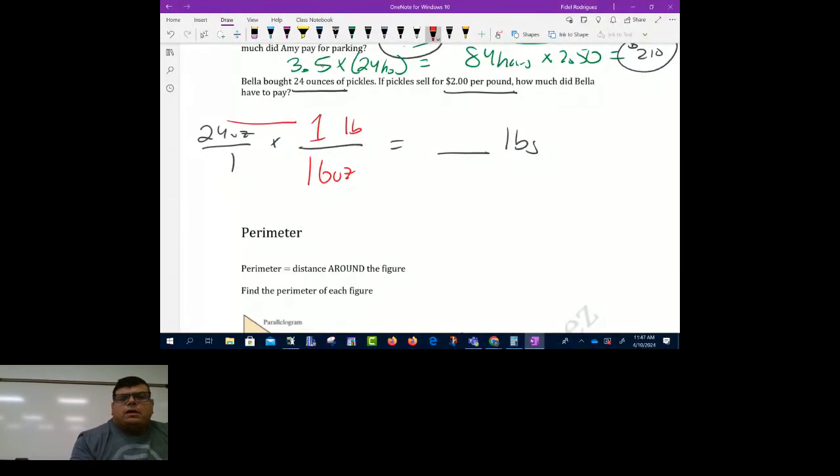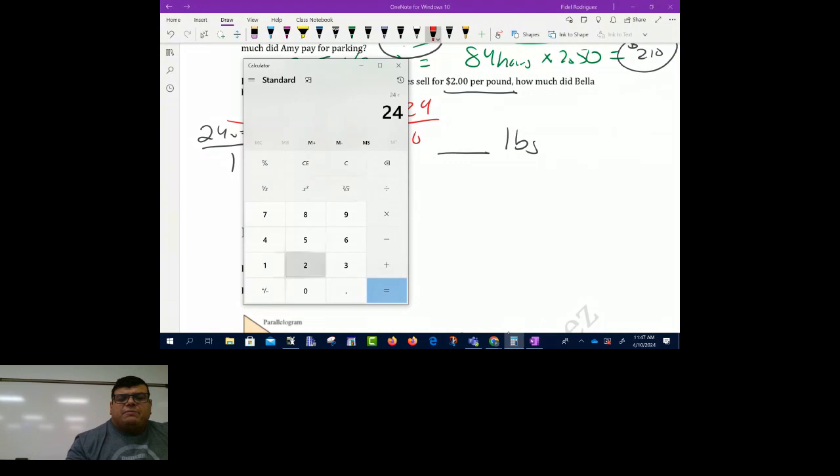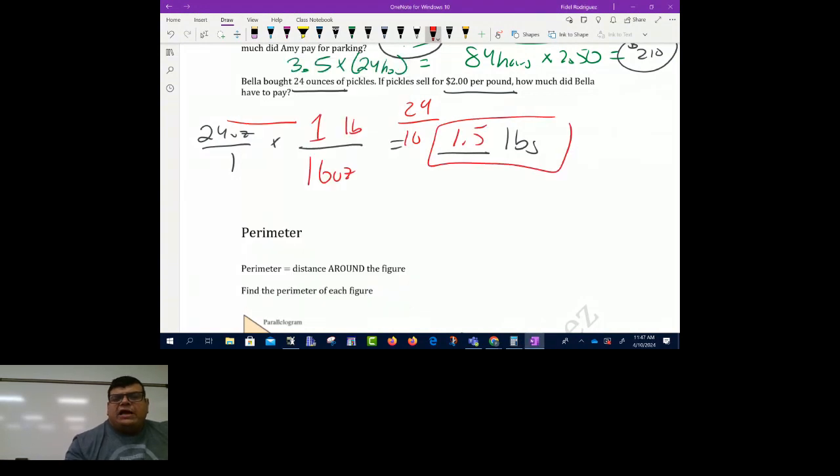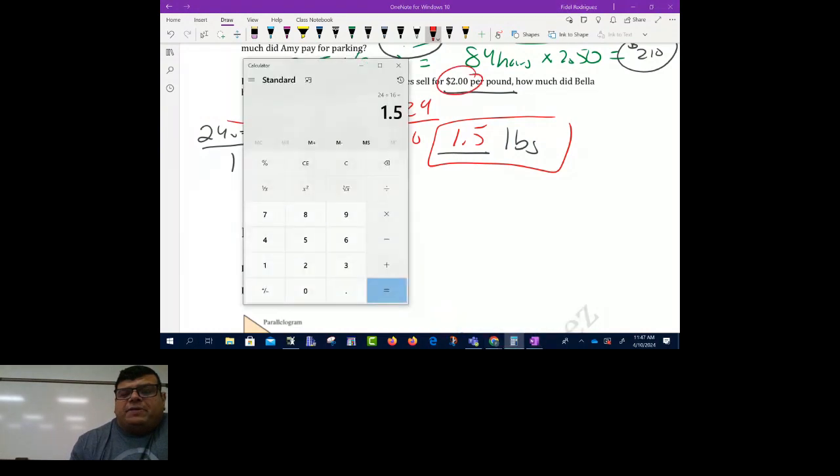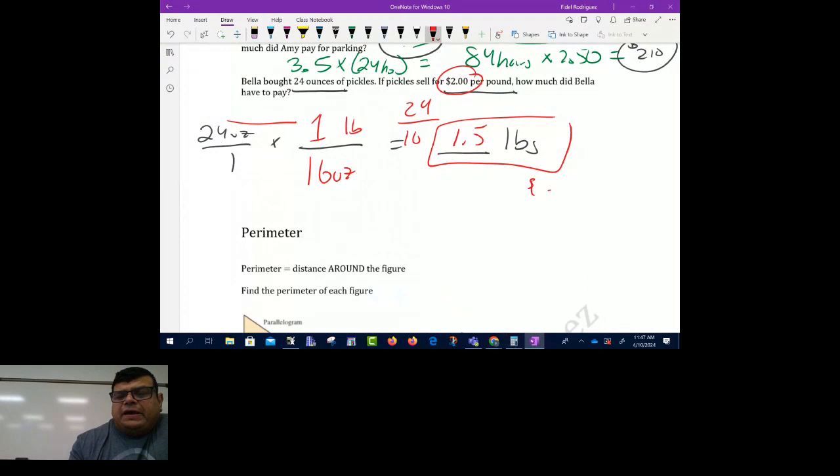Guys, I'm going to multiply straight across. 24 over 16. 24 divided by 16 is 1.5. So look, y'all, 1.5 pounds, right? But she bought 1.5 pounds and they sell them for $2 a pound, y'all. So now we got to take that number times 2. She paid $3, right? Not too bad for a whole bunch of pickles.